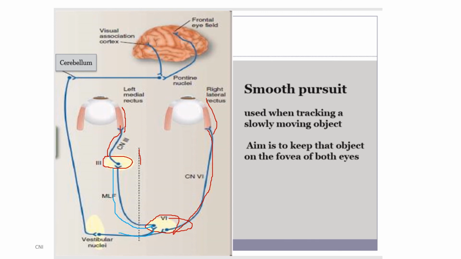And then we see them join up, and we could see its synapse here at the vestibular nuclei. And it's going to feed into the cerebellum, and then pontine nuclei, and it's going to go up to the frontal eye fields and to the visual association cortex, and this is going to allow us to track a slow-moving object. And the aim is to keep that object on the fovea, or the sharpest point of vision, for both eyes.